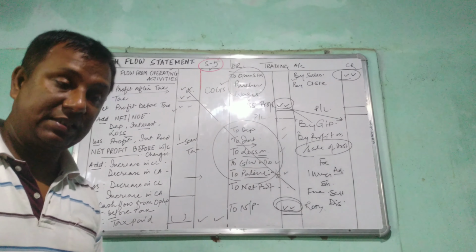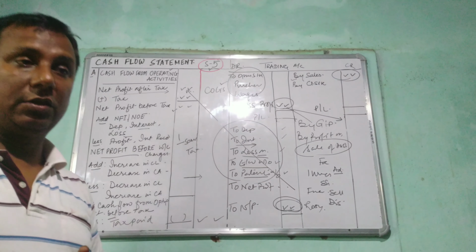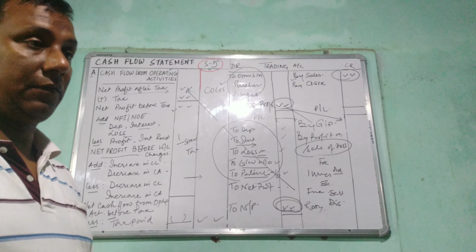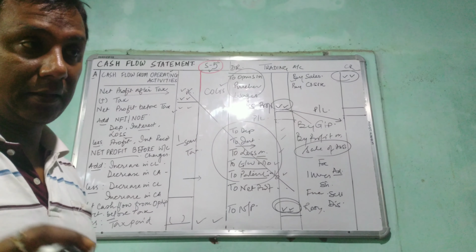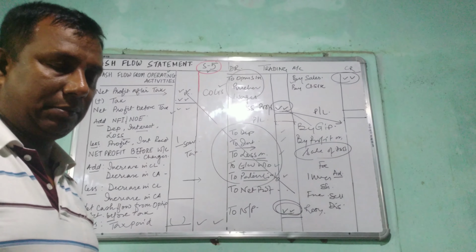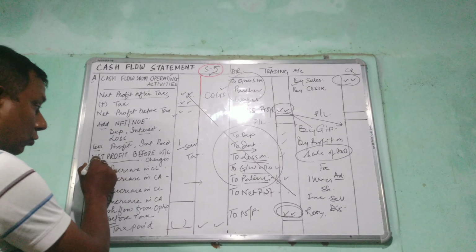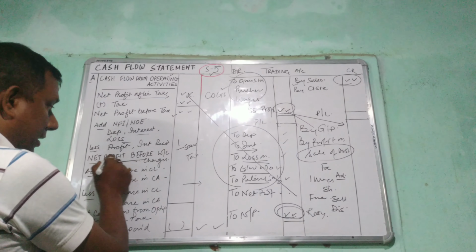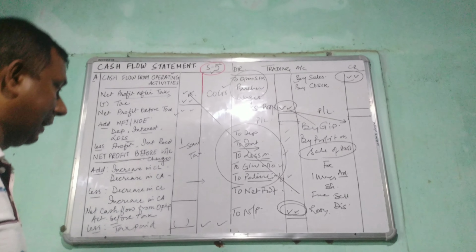Now friends, in the balance sheet we have already used assets, shares, financings, everything. The remaining part is the current liabilities and the current assets, and there we are going to work. After the net profit before working capital changes, we are going to find out the working capital.